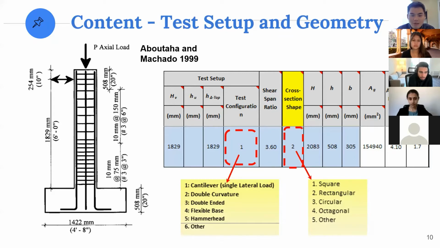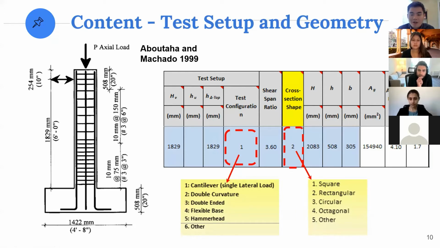And we also indicate the cross-sectional shape, which is rectangular for this specimen. We also recorded the height at which the lateral load is applied, which is 1,829 millimeters for this specimen here. And using the information, we calculated the aspect ratio, which is a good indicator of how the specimens will fail.